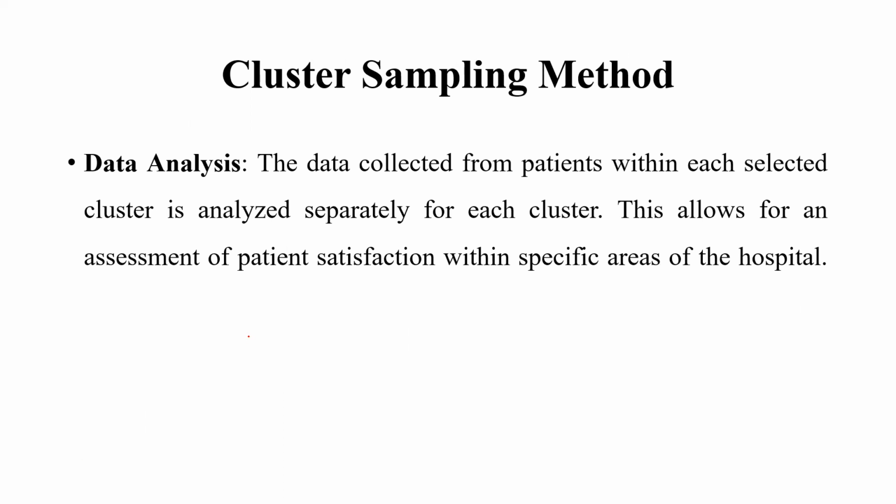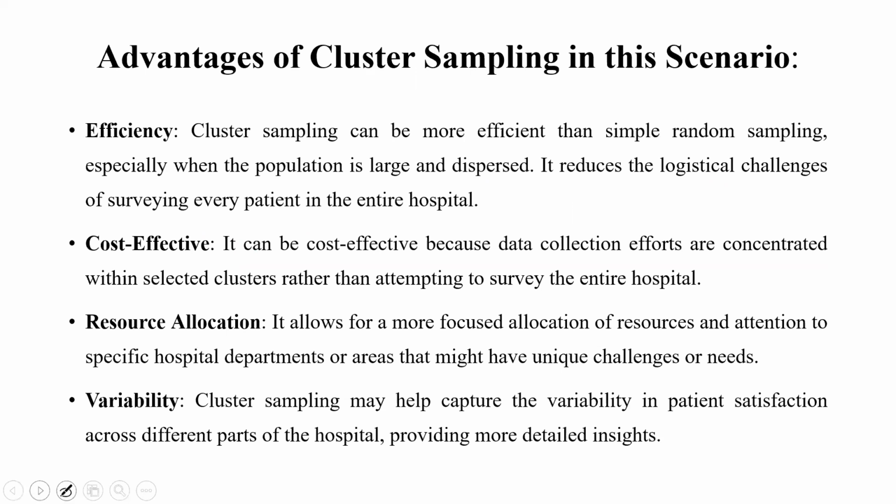After that, we need to analyze the data. The data collected from the patients within each selected cluster is analyzed separately for each cluster. This allows for an assessment of patient satisfaction within each specific area of the hospital.